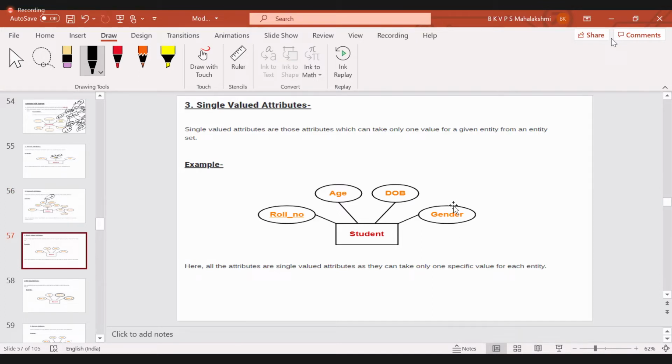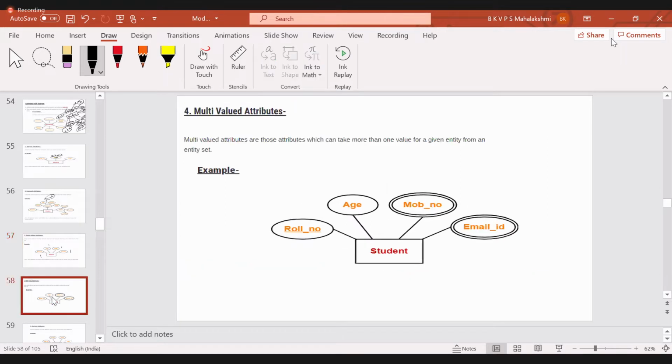The representation is the same, but you have to know the definition and the examples of the single-valued attribute. That is why we didn't mention name and all here, and even address also you can. See, date of birth, only one value will be there. Gender, only one value will be there. Age, and the roll number also.